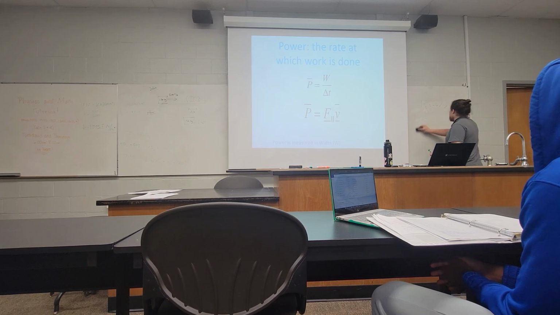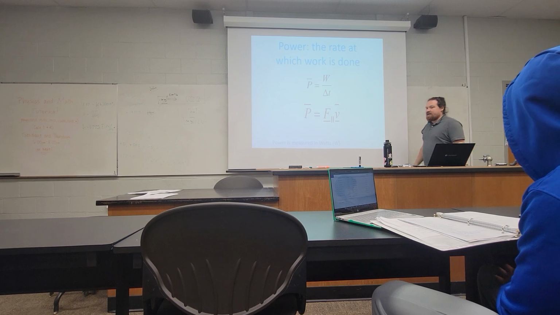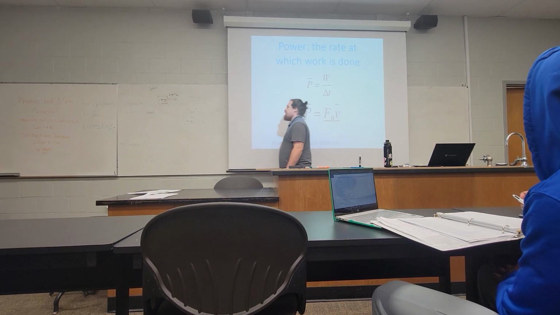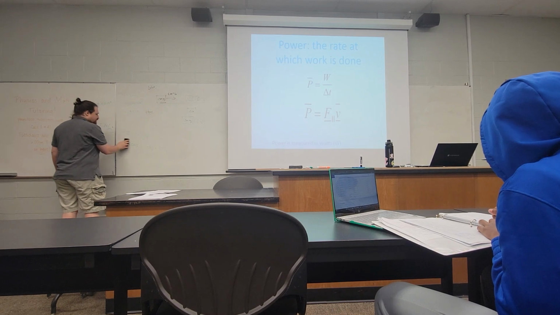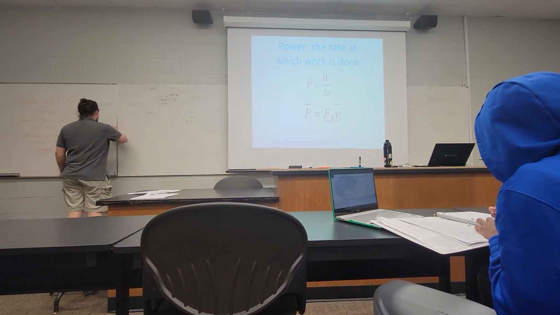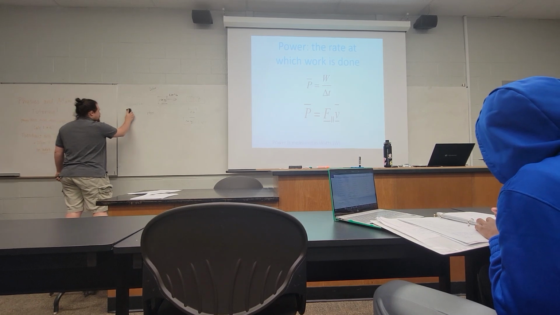Power is one of those words that is used pretty often in the English vernacular kind of separately from its physics definition. And before I define power from a physics perspective, I want to go back to the physics definition of work very quickly.